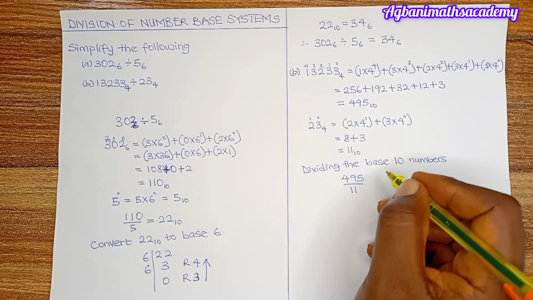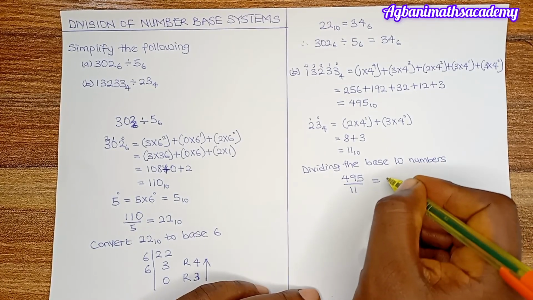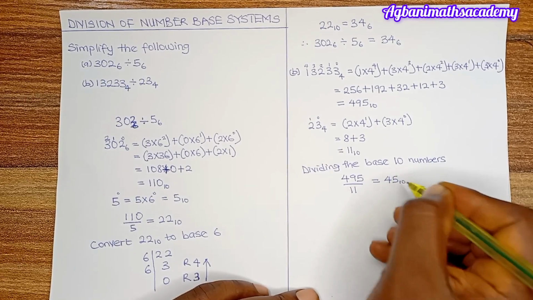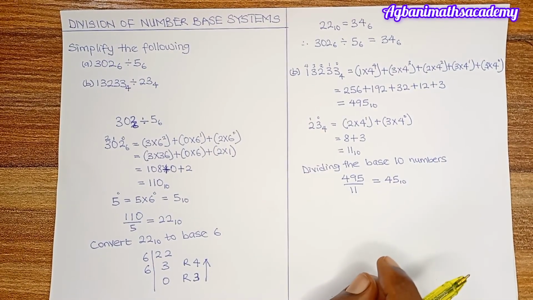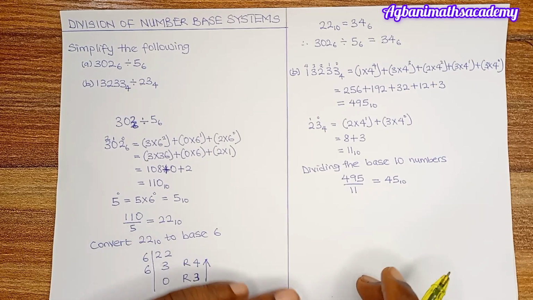Since they are in base 10, you can simply use your calculator to get your answer. And the answer is going to be 45 base 10. So now we've gotten our answer in base 10 to be 45 base 10. Our next step is to convert 45 base 10 back to base 4.